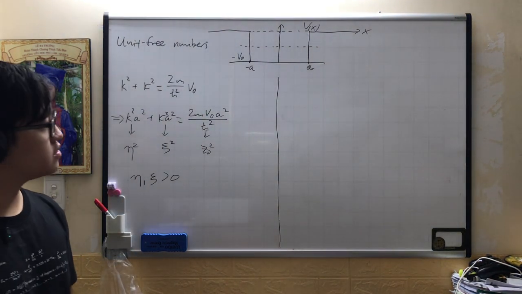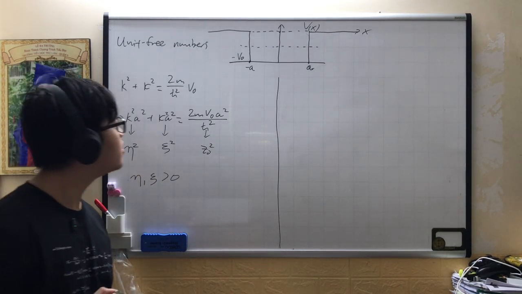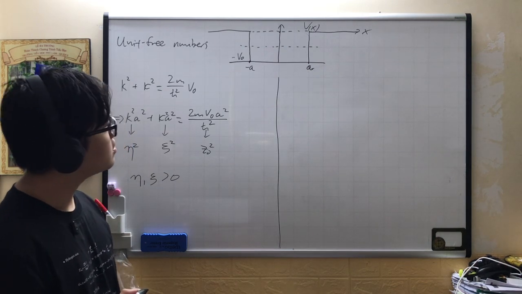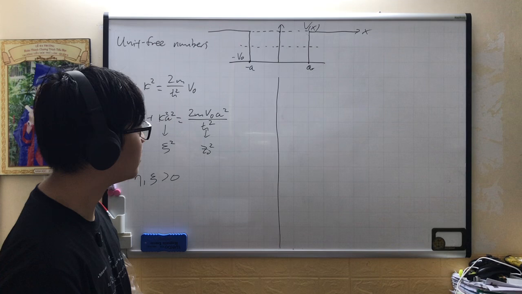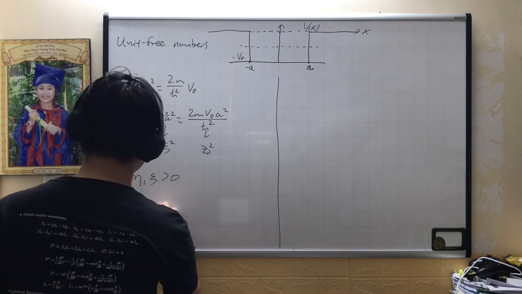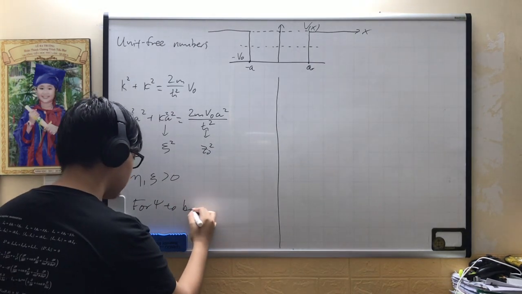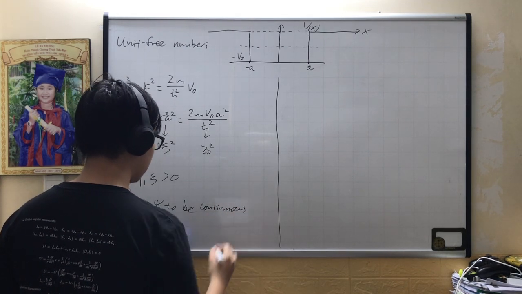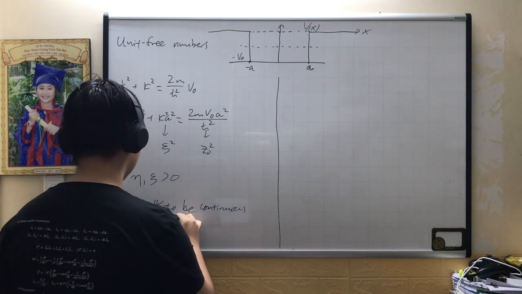So first, let's find our energy state. No, not really. Not there yet, but let's get our wave function first. Let's apply the conditions. For your wave function psi to be continuous, the interior has to match with the exterior, right?